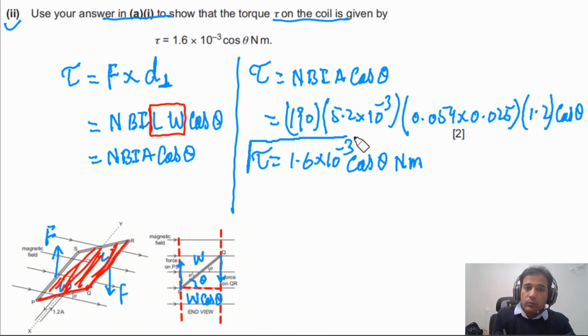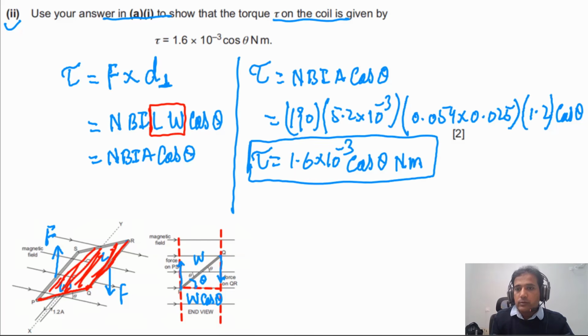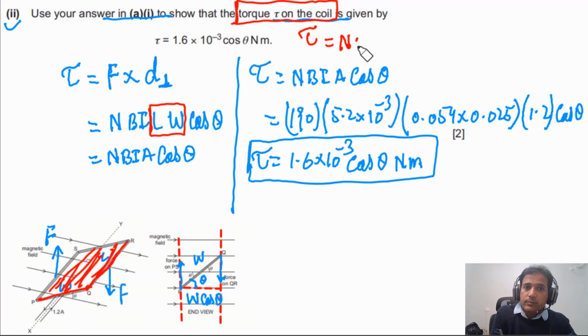But one more thing you need to understand is that whenever you need to find the torque on the coil, you do not need to go through all these steps. Simply you need to understand tau is equal to NBIA times cosine of theta, and theta is the angle.